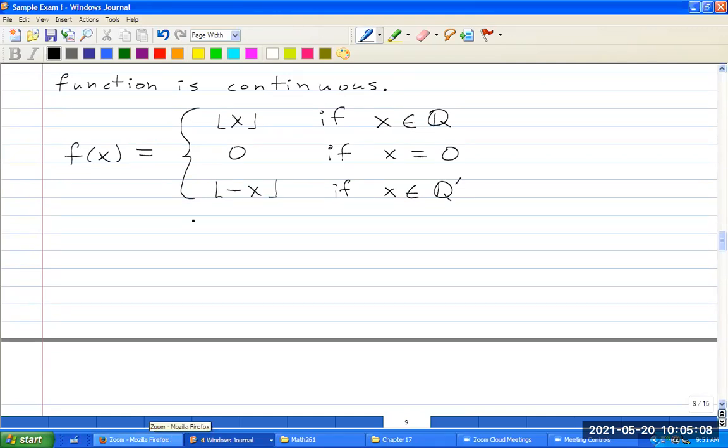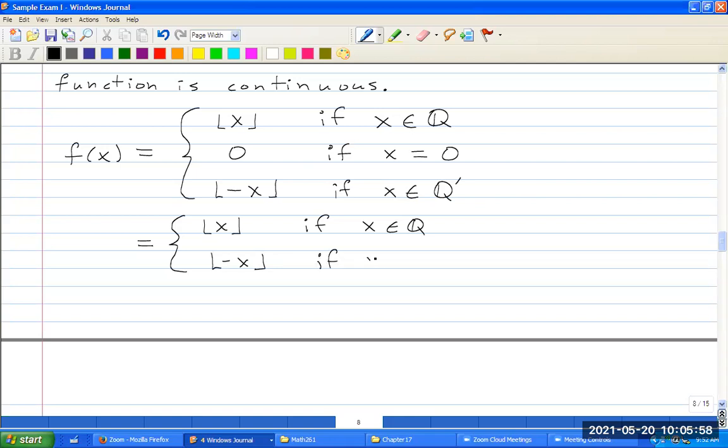Actually, if I note here, this function is actually the same as saying that f of x is equal to the floor of x if x is rational, and is equal to minus the floor of negative x if x is irrational.